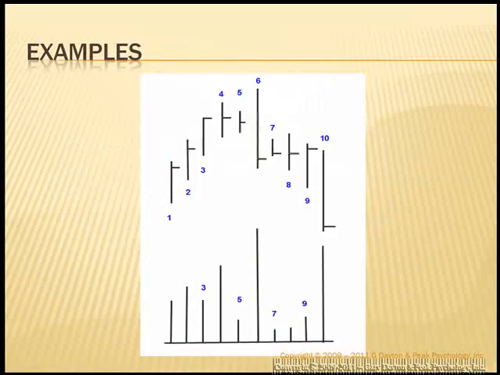All right, so let's go through a little hypothetical example. I'll do the first couple of bars here, and then let's go through the next, and we'll go through all of them. Okay, so bar number 1. We don't really have any information about bar number 1, so we won't really talk about that.